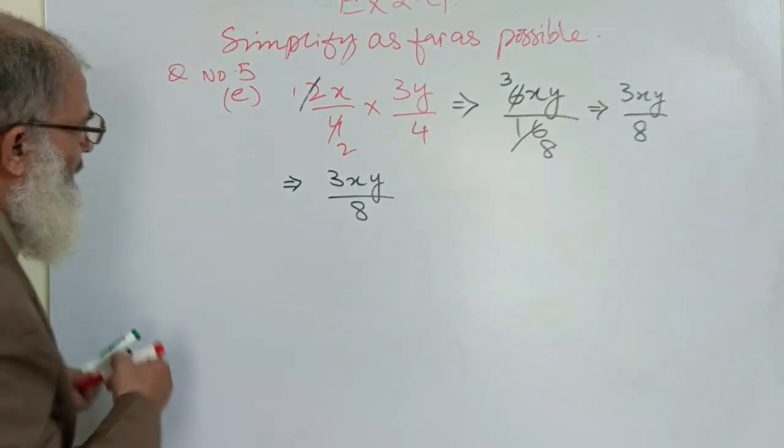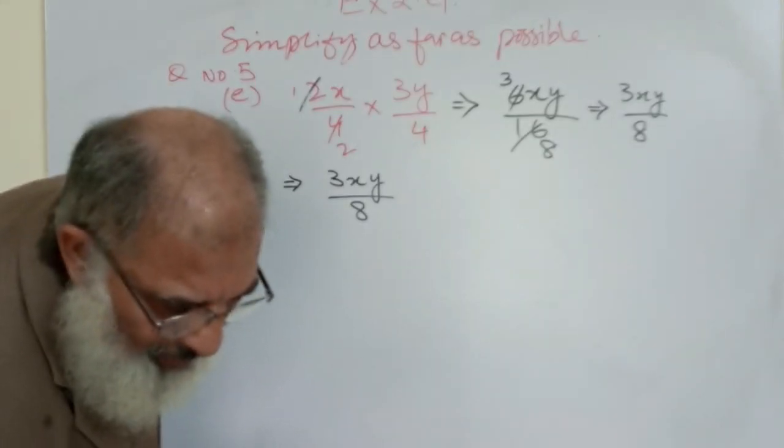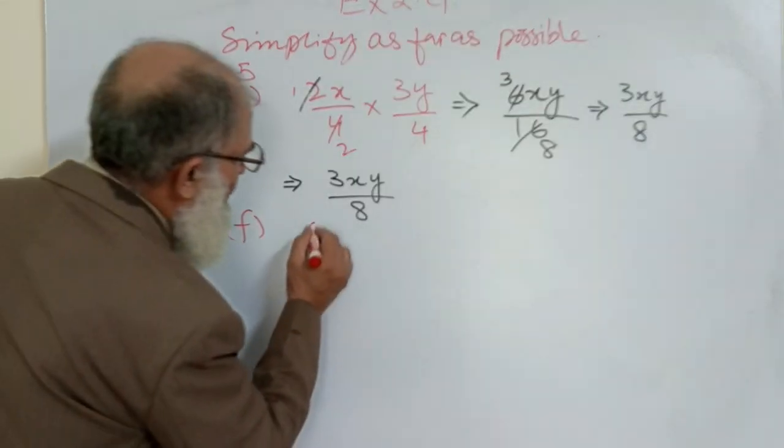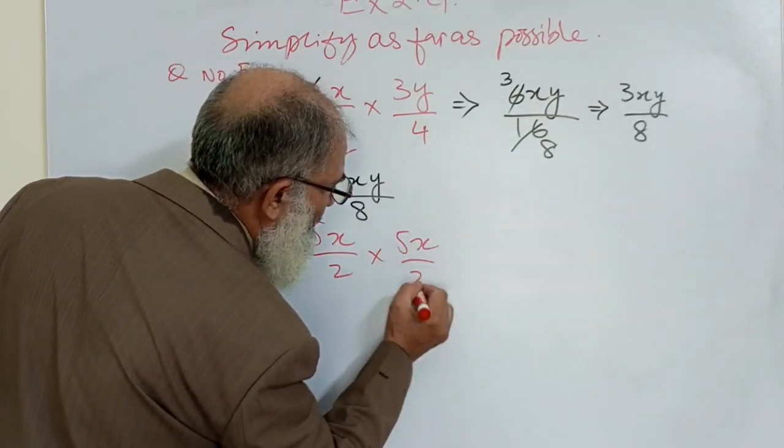F. F says 5x divided by 2 multiplied by 5x divided by 2.